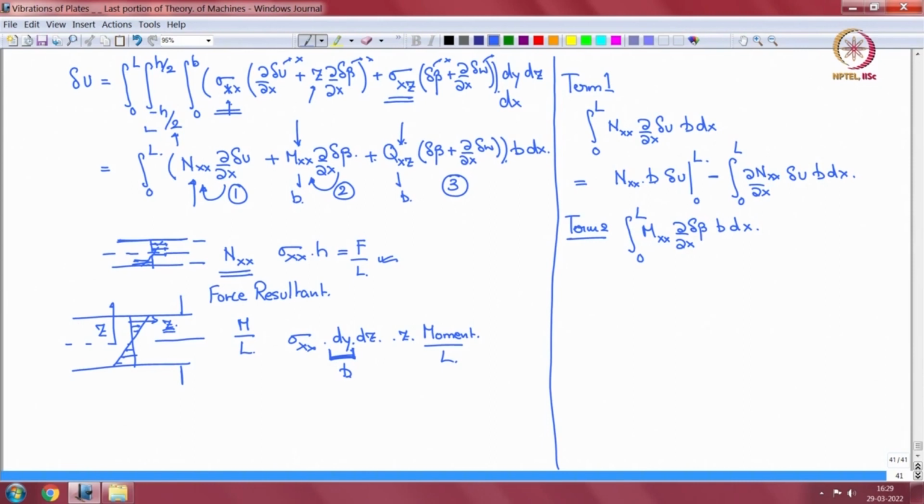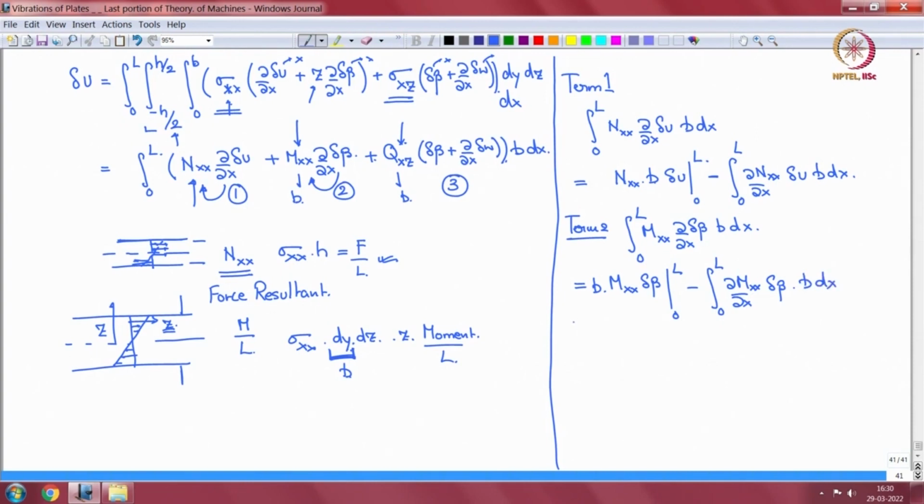So that is equal to mxx delta beta into b from 0 to L, minus integral 0 to L del mxx by del x delta beta b dx.